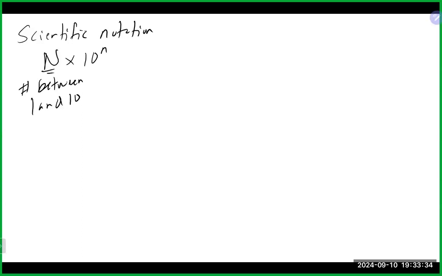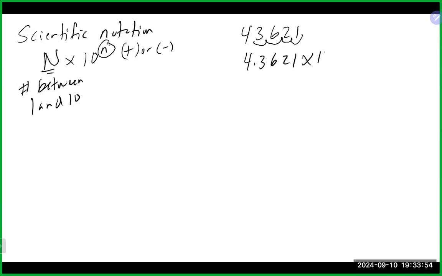It can't be below 1. And the exponent is either a positive or negative number, depending on which way you're going to move the decimal to achieve that number between 1 and 10. So if I had 43621, I would go 1, 2, 3, 4 places to the left. 4.3621 times 10 to the fourth would be the proper way to write a number in scientific notation.